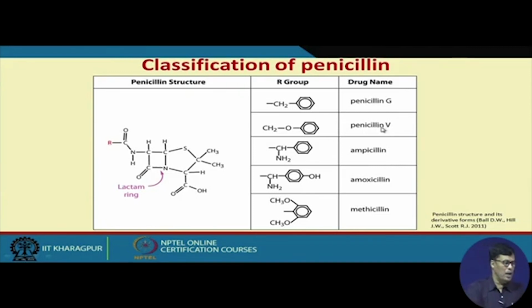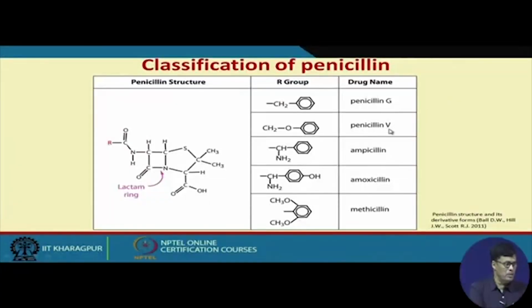The basic difference between penicillin G and penicillin V is that penicillin G is quite unstable in acidic pH. We know that penicillin is usually taken in two different forms, either as a capsule or as an injection fluid.